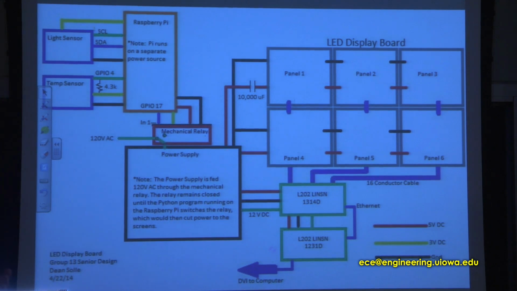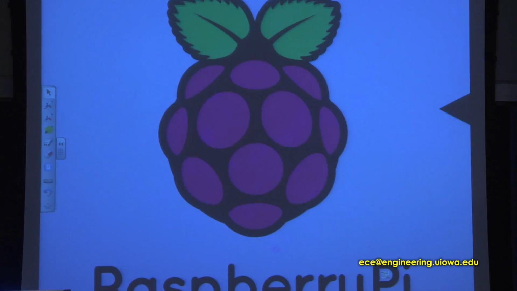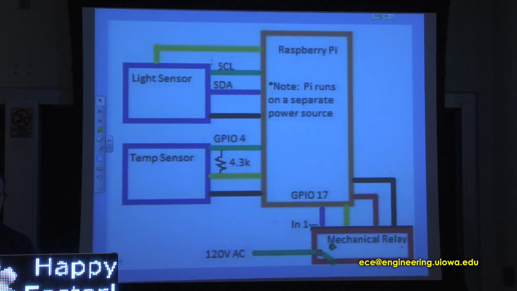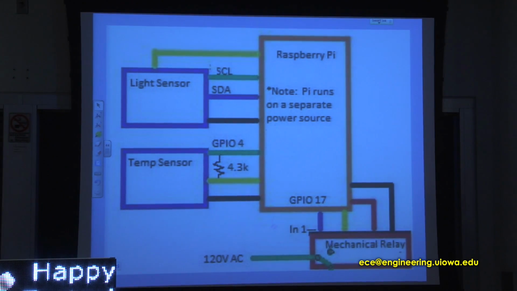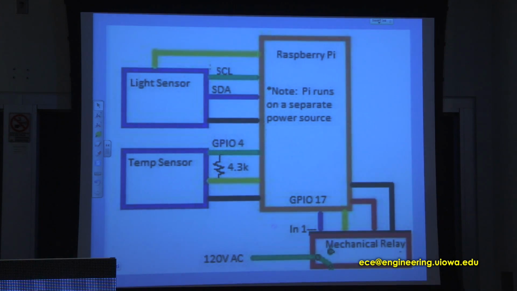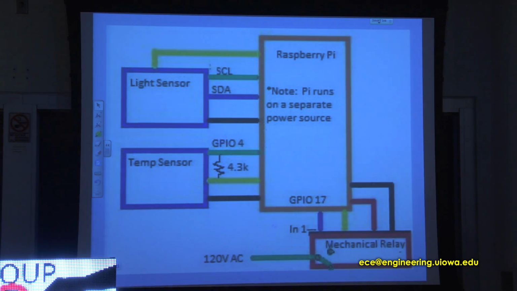The heart behind the program is basically a Python program that runs inside the Raspberry Pi. The Raspberry Pi controls basically a temperature sensor and a light sensor, and it also receives data from Jonathan's website that tells the screen if it should be on or off at a given time.